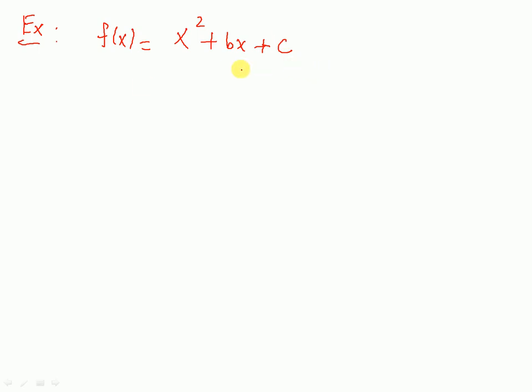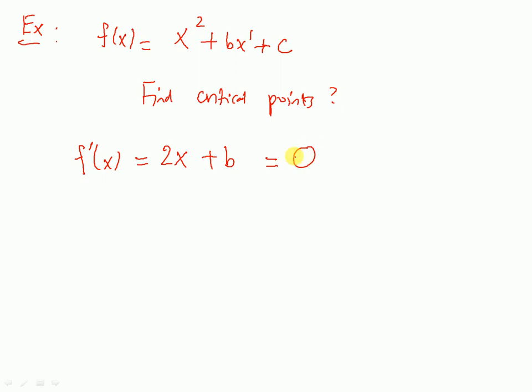And we're going to find the critical point. First, find the first derivative. Using the power rule, bring down the 2, so 2x, and for bx bring down the 1 and subtract 1, which gives you b. So you set this equal to 0. For x, 2x equals minus b, so x equals minus b over 2.